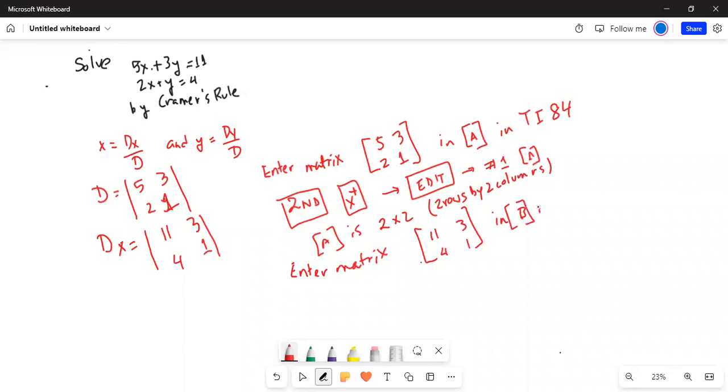In matrix B in the TI-84, it is the same process: second button, then the X inverse button, then edit.